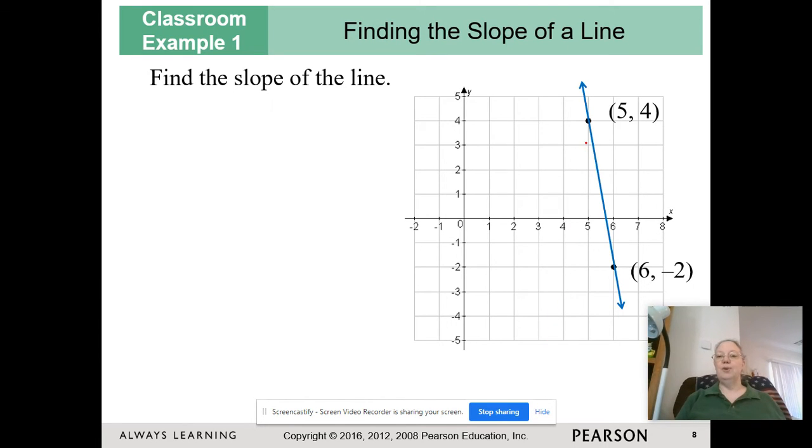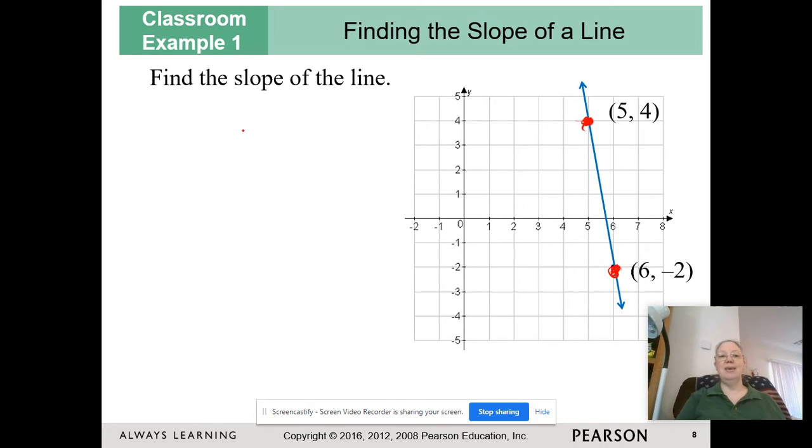All right, when we do this problem, it does not matter at all which point we start at. We can start at this point and go to this point, or we can start at this point and go to this point. It doesn't matter. You will end up with the same slope regardless. So I'm randomly picking this point. And I want to know how many units I go up. Remember, rise is up, but in fact, I'm going down.